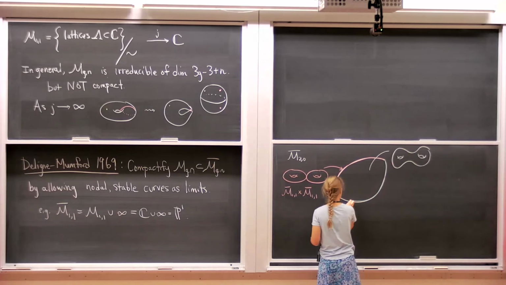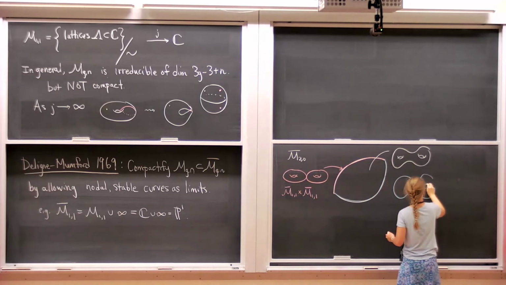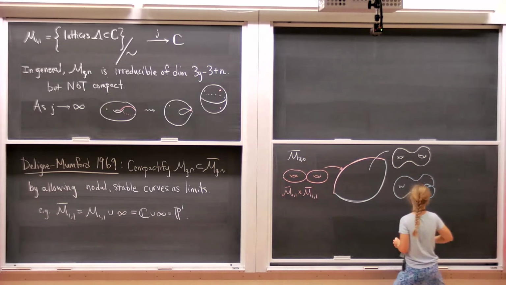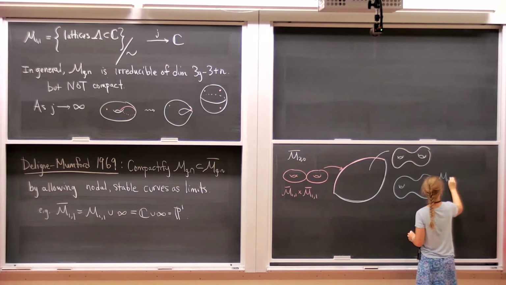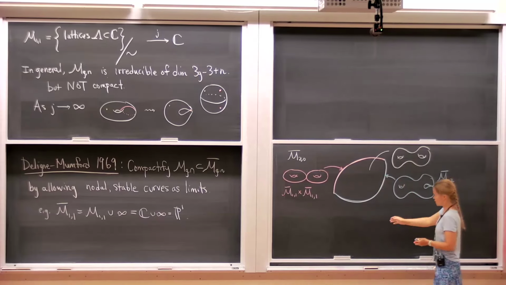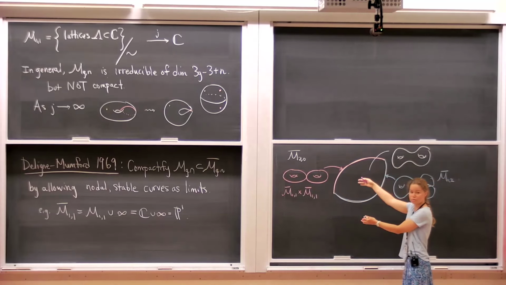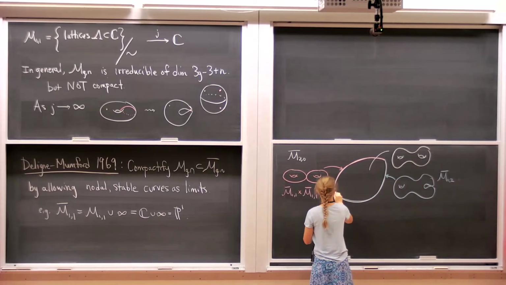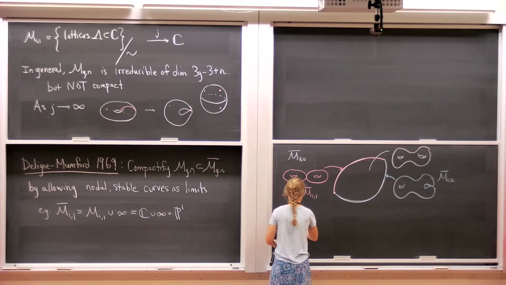which I'll draw in blue, is that I could take a genus 1 curve and glue 2 points together. And as suggested in this picture, the 2 pieces of the boundary meet each other. So they will meet when I have a curve that looks like this.